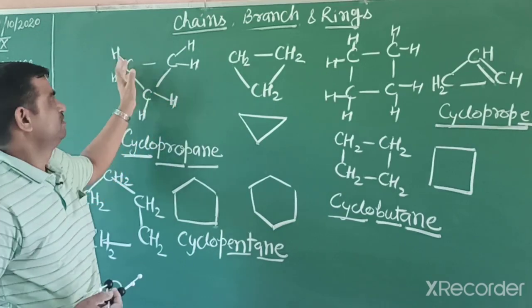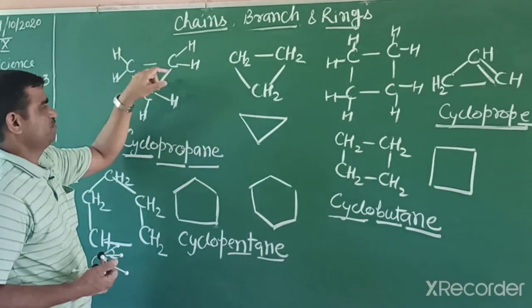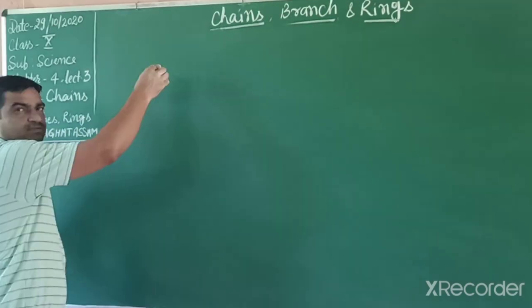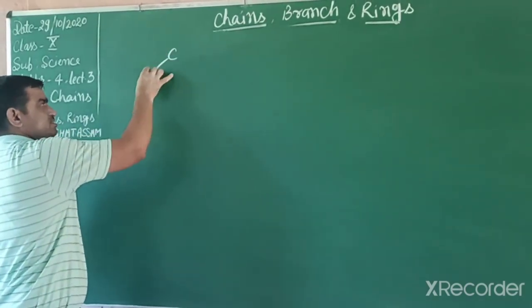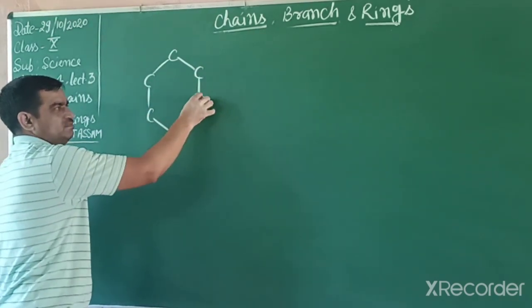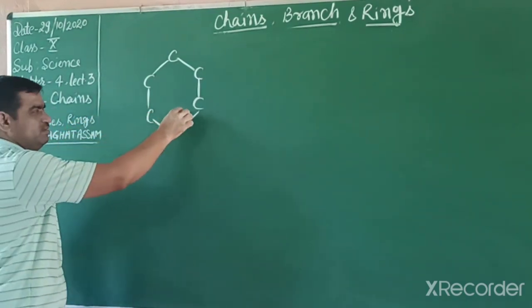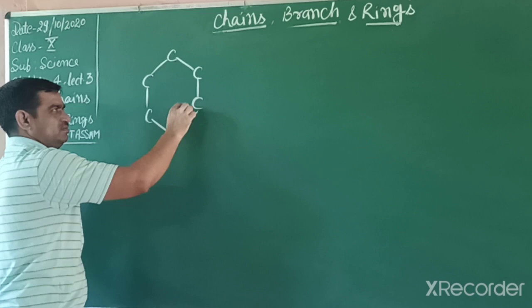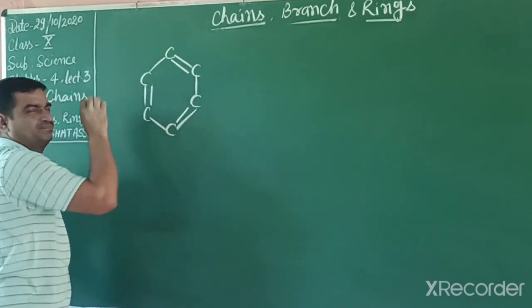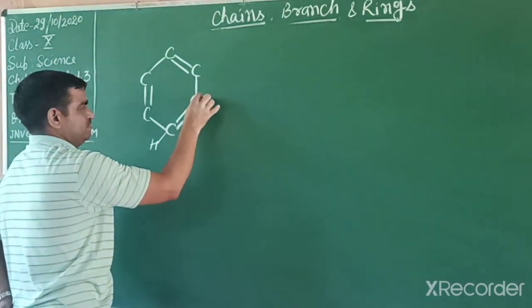You can say carbon can make a lot of ring compounds, and a ring can start from 3 carbons. When 6 carbons are attached in ring form like this, and between alternate carbons there is a double bond, we write the double bond for alternate carbons like this, and then we write hydrogen, one hydrogen on each carbon.